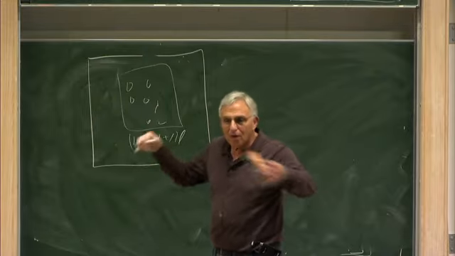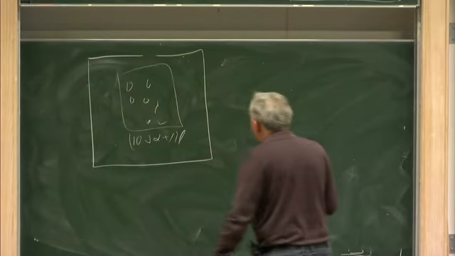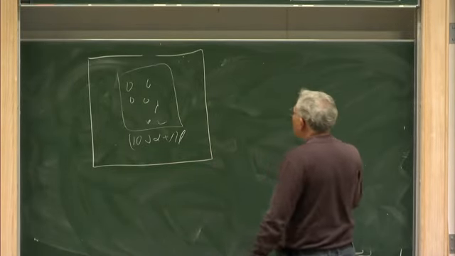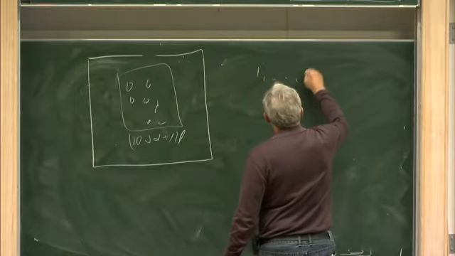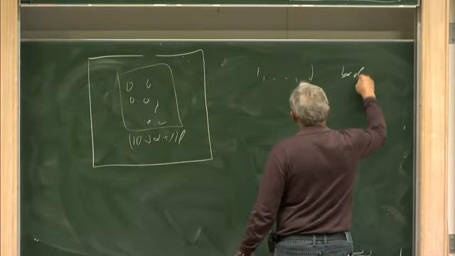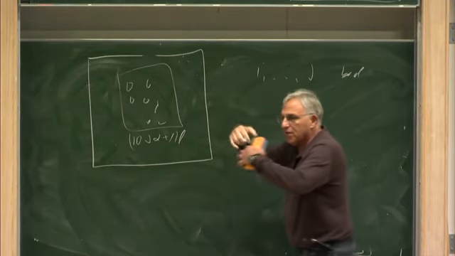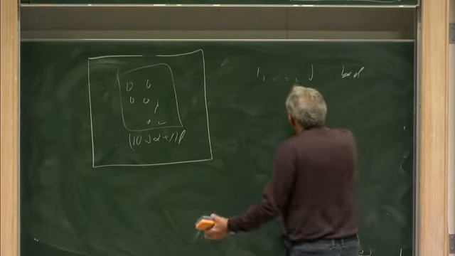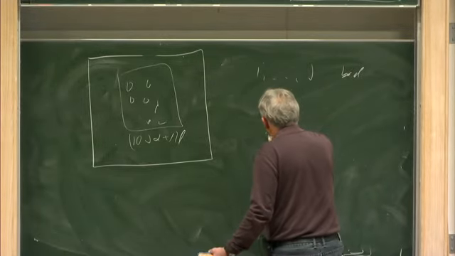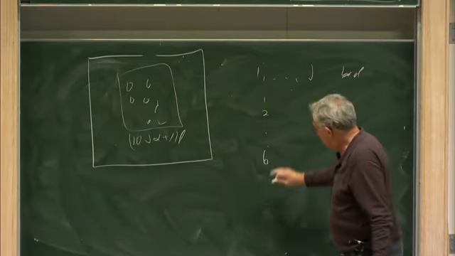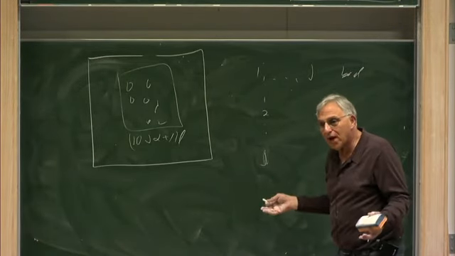But the point is that I have 1 to J bad boxes, so they can agglomerate: I could have 1, 2, up to J together.